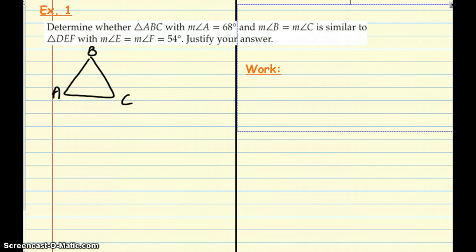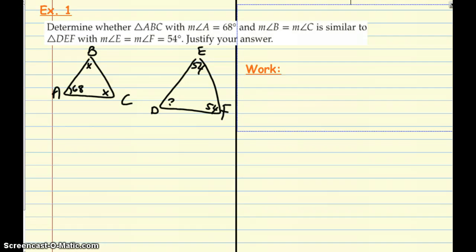I know that the measure of angle A is 68 degrees, and I know that B and C are the same, but I don't know what their angles are, so I'm just going to call them X. And then I have triangle DEF, and I know that E and F are 54 degrees. I don't know angle D.